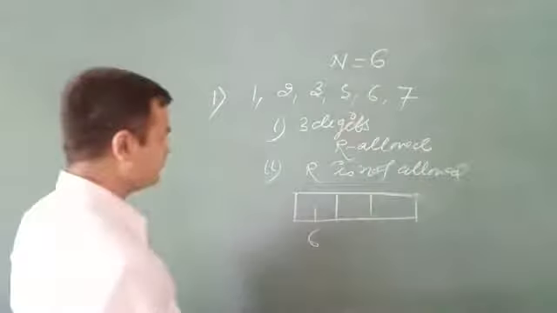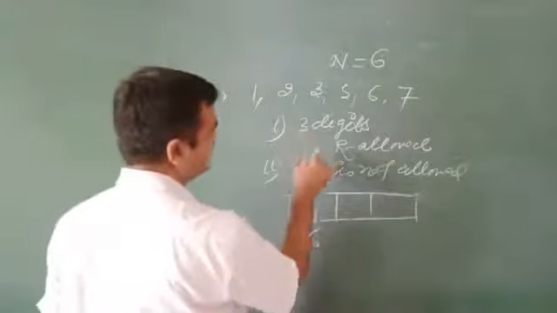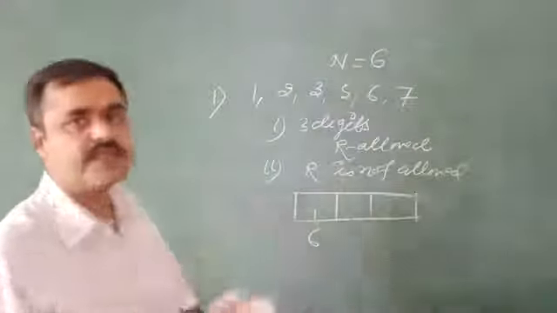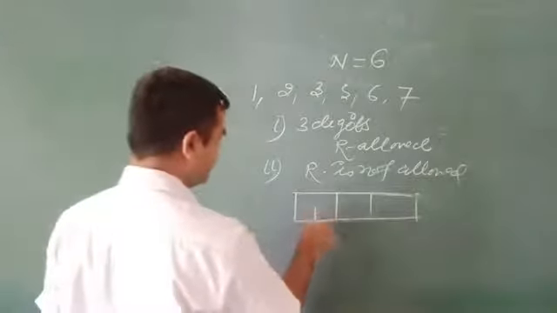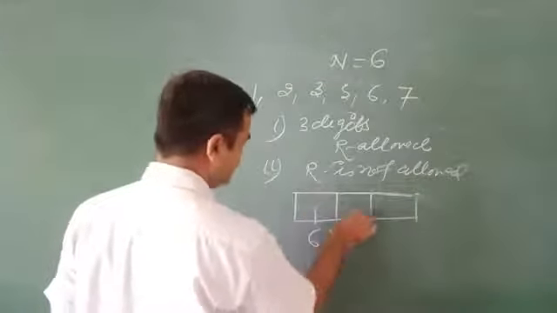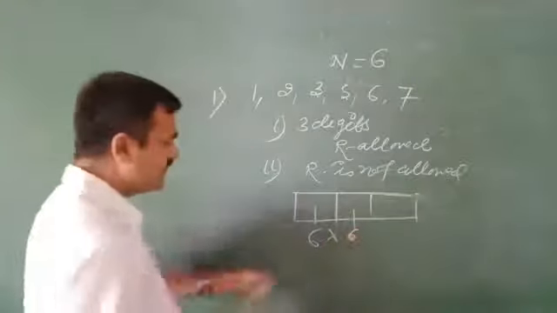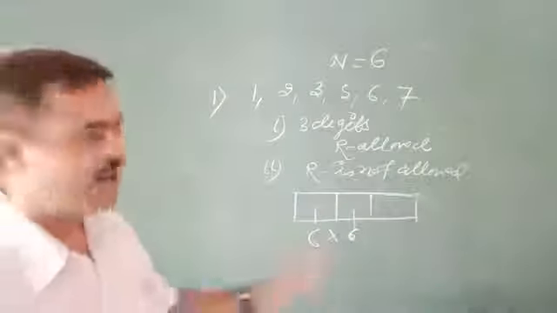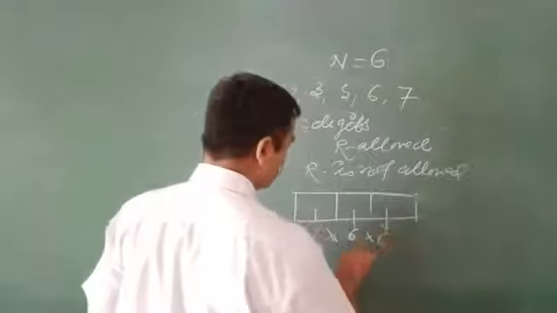Now, if repetition is allowed, as the first part asks, then out of 6, a digit can be placed here in 6 ways. Again, repetition is allowed, so out of 6 any 1 digit can be placed here, and again out of 6 any 1 can be placed here.